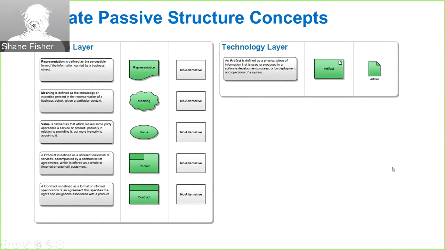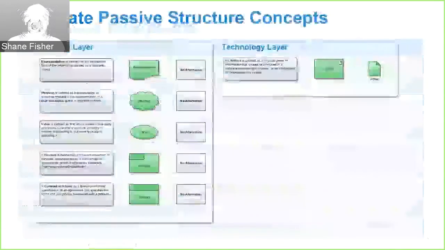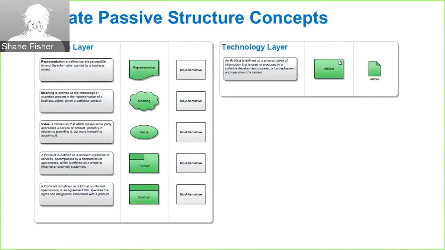I take the bits that make the most sense and use them, and I throw the rest away. An artifact is just a piece of information. It can be a message, it could be a file that's stored on disk, anything like that. So those are all basically your icons. Think of them that way, those little things you can drag and drop and connect.